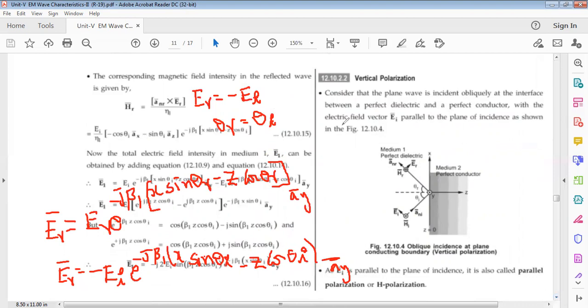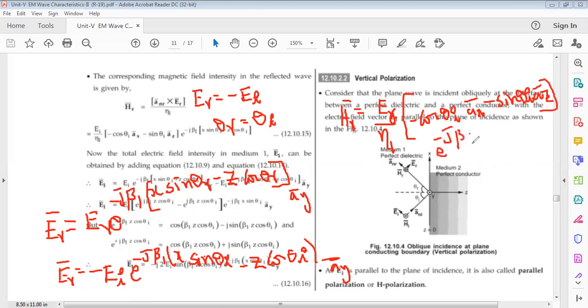We got HR bar in terms of EI only: EI over eta 1 into minus cos theta I into AX bar minus sine theta I into AZ bar, and the exponential is the same, e power minus j beta 1 into x sine theta I.